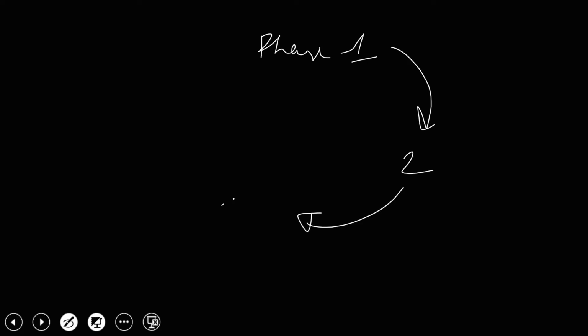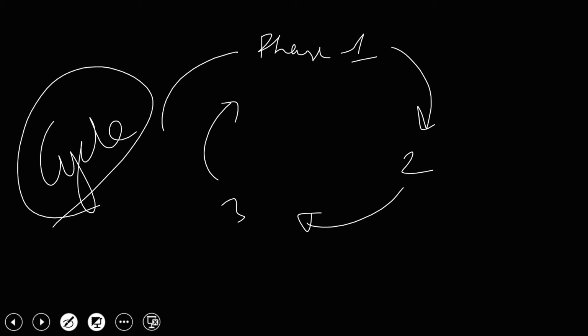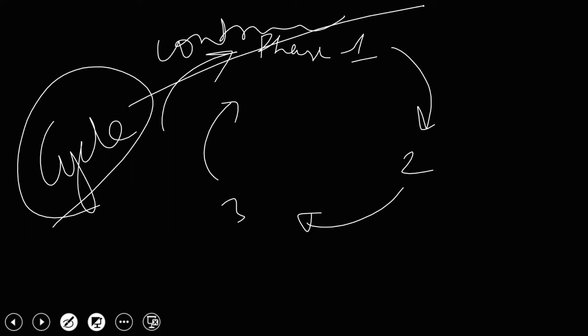Therefore, from phase 1 to another phase and another phase. But the thing to remember here is it's a cycle. Therefore, it would be a continuous process.